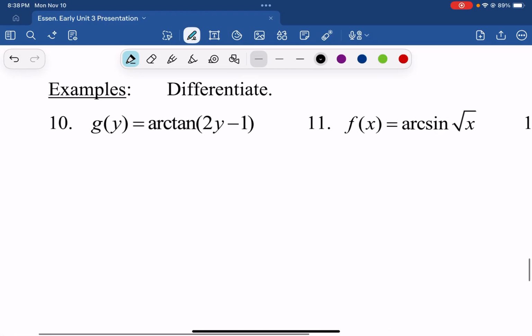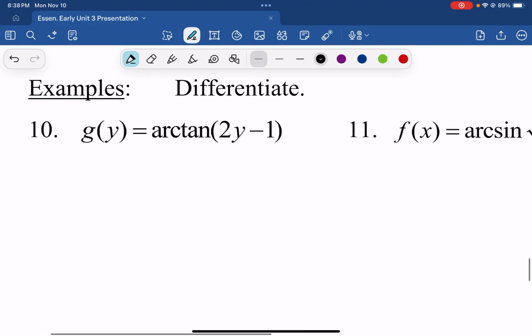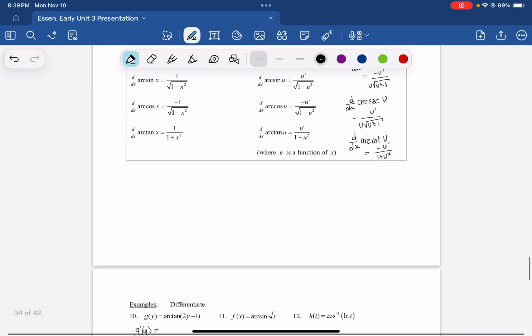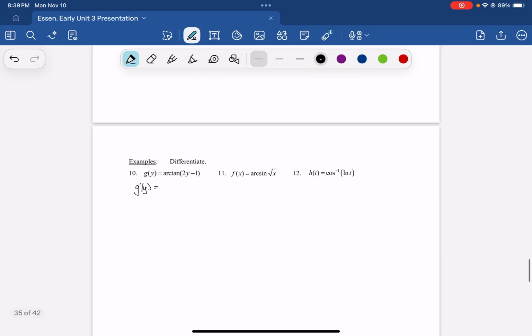Okay, so let's look at example 10. g of y equals arctangent of 2y minus 1. So we want to differentiate, right? Take the derivative. So g prime of y is equal. Okay, so that's back up here, right? So we've got a u here. So the derivative of arctangent of u is u prime over 1 plus u squared.